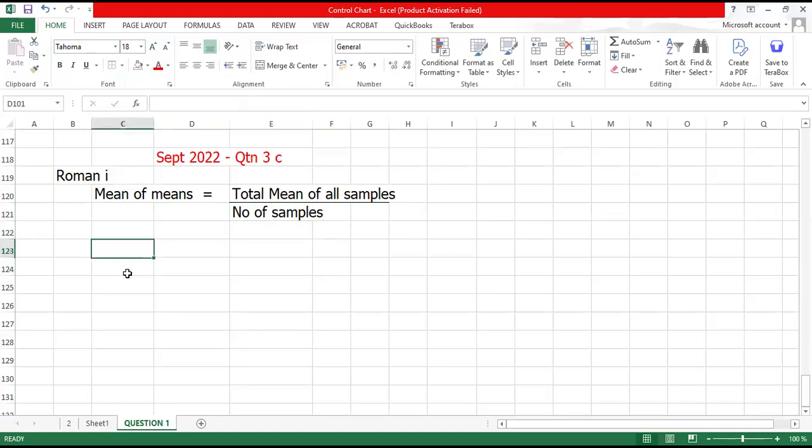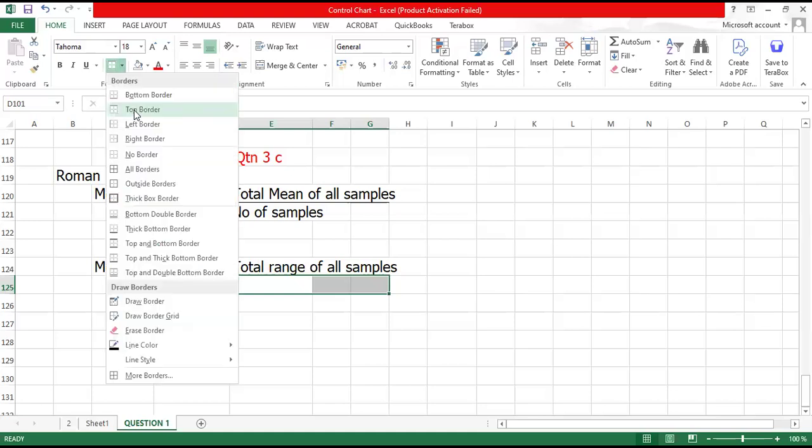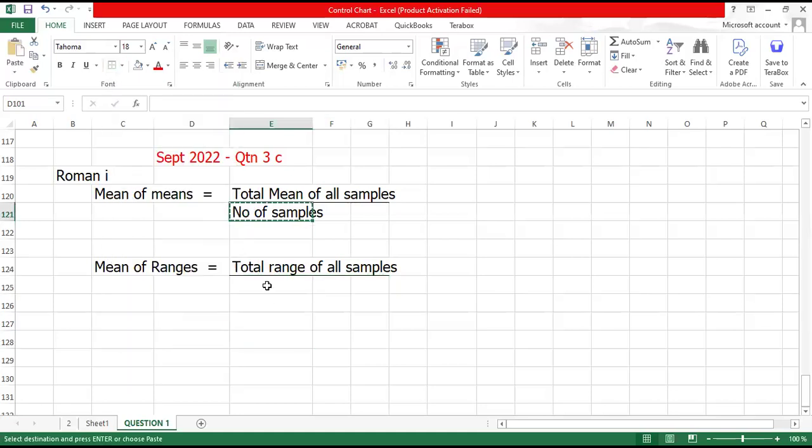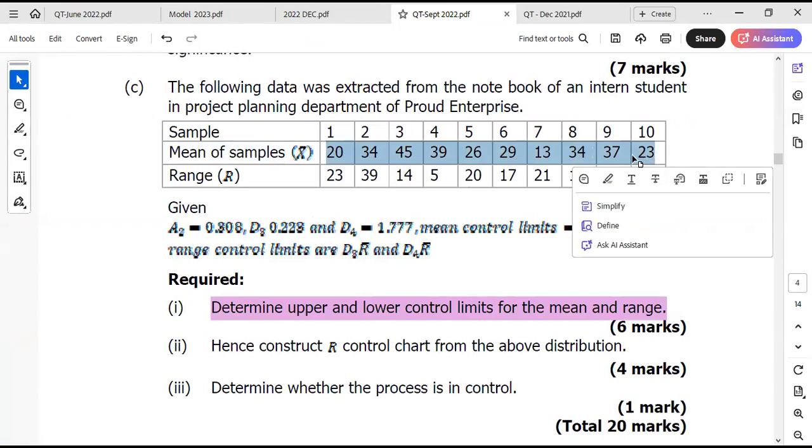Then after getting that, get the mean of range, which is equal to the total range of all samples. Then the answer you get divided by the number of samples. Okay. So those with the calculator, please add and tell me. You have the mean, simply add all these values, divided by 10. The answer you get divided by 10.